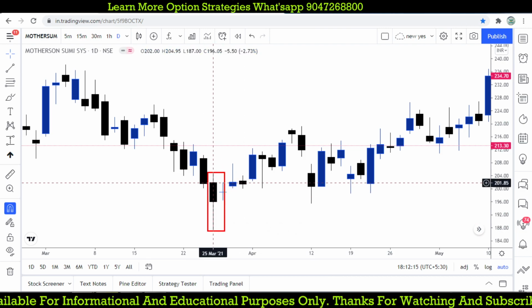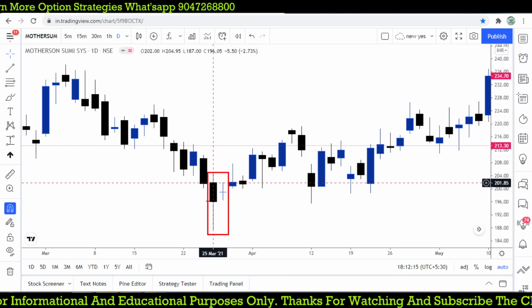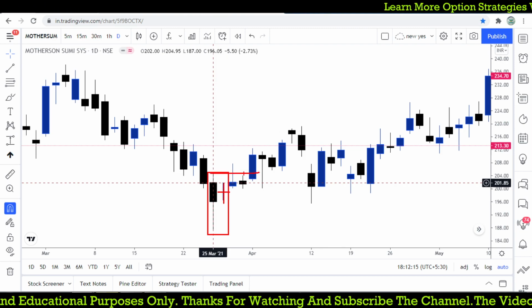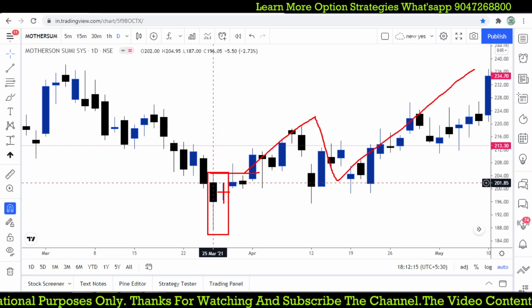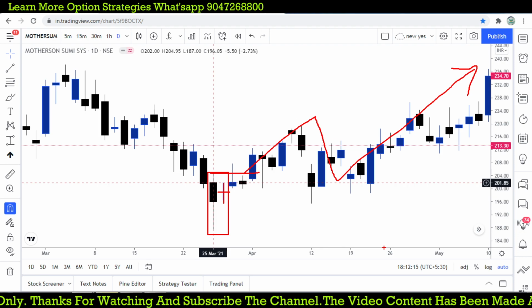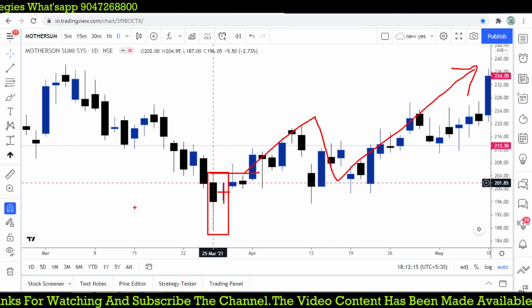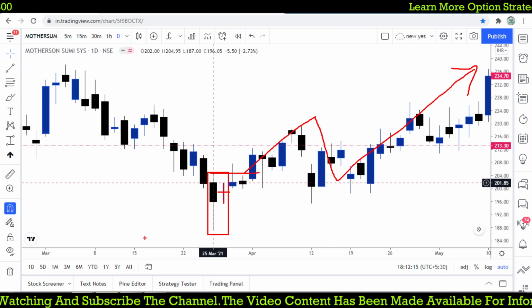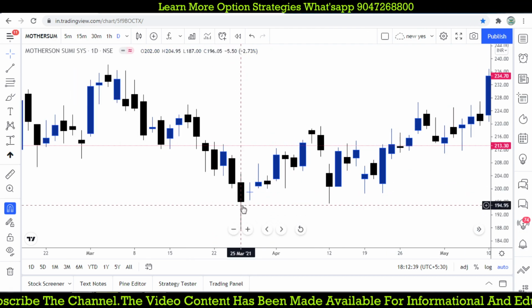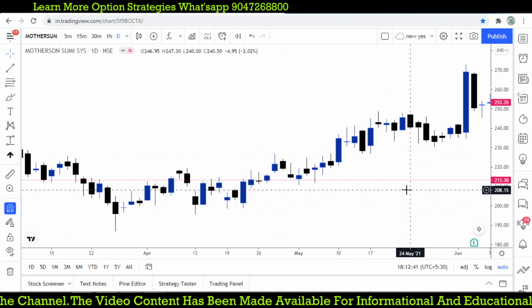Could you see that? This is exactly the Harami cross where the market went up. So we can use this for swing trading, that is, buy at low, sell at high, and we can use this for an equity trade also. It formed at the bottom, and that gives you such a great opportunity.